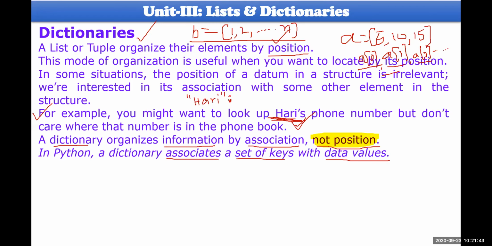Association is always denoted with a colon. So what is his phone number? 9848, something like this, 98984872 6748. This is the phone number of this particular fellow. So the name Hari is associated with this particular value. Otherwise, this value is associated with the name Hari. In this way, association takes place in Python with the name dictionary.